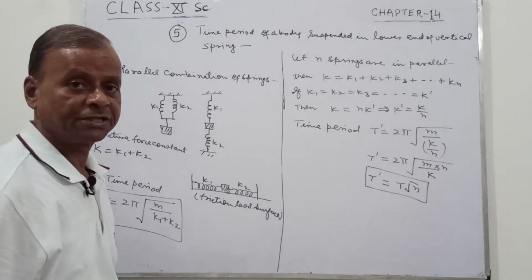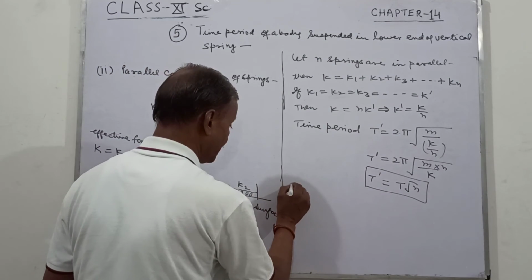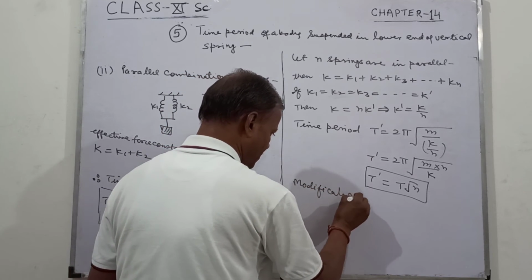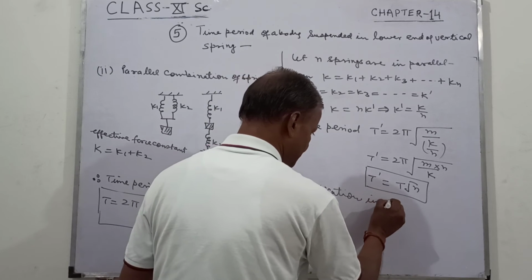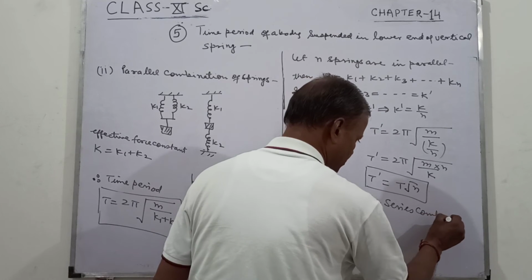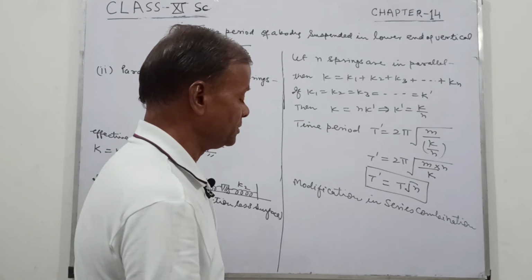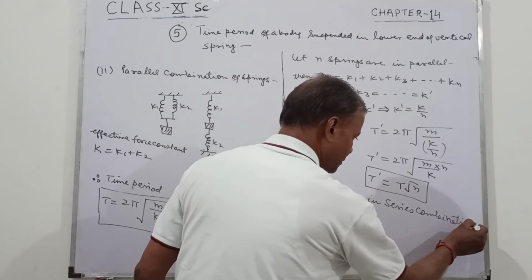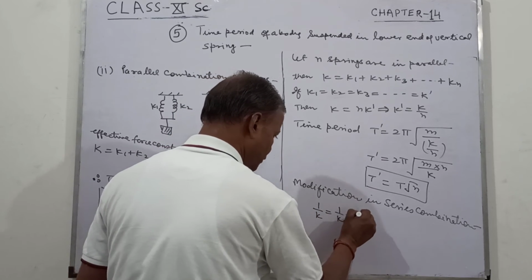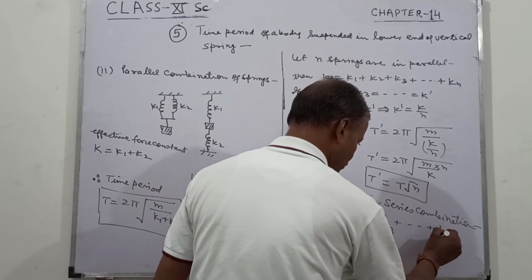Now there is a modification in the series combination. Modification in series. There I told you like this, but actually this is not so. There I have 1 upon K equal to 1 upon K1 plus 1 upon K2 plus 1 upon K3 plus and so on 1 upon Kn.